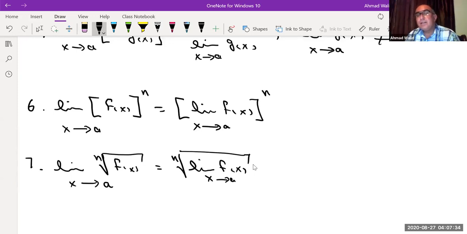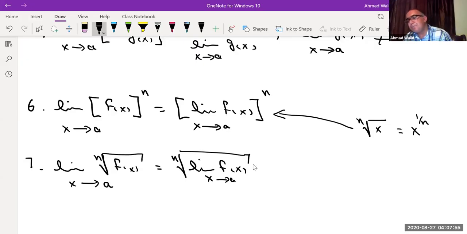First take the limit, then take the n root. Let me show you why. If you have the n root of x, for example, in exponent form you can write this as x to the power of 1 over n. That's this rule. It means I can apply this rule also for radicals.